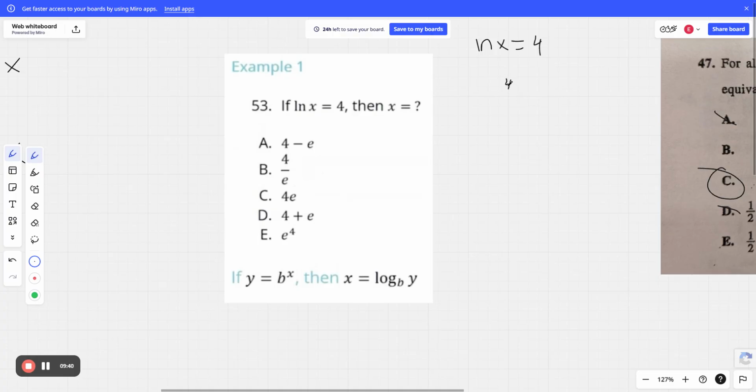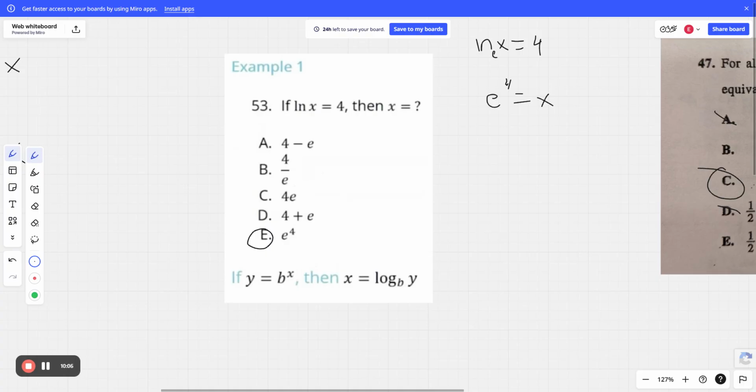So we're going to write 4 in the exponent, and it's going to equal x, because we like to think of ln as writing a little e right here at the bottom, just like we do with logarithms. So e to the power of 4 equals x. In question 53, e to the power 4 equals x would be the letter E, and that would be the correct answer.